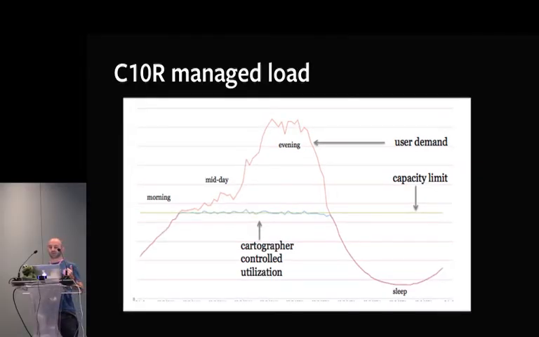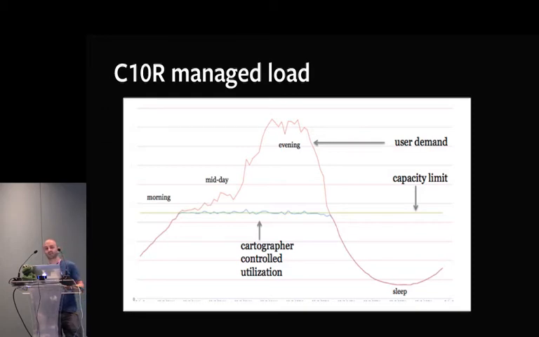Cartographer will kick in and will start steering away traffic to make sure that we stay at the capacity limit. During the day, the user demand will actually increase, but we send the traffic away. As the evening comes by, people start using less Facebook, and then eventually the demand will be below the capacity limit. Then Cartographer will stop sending people away.